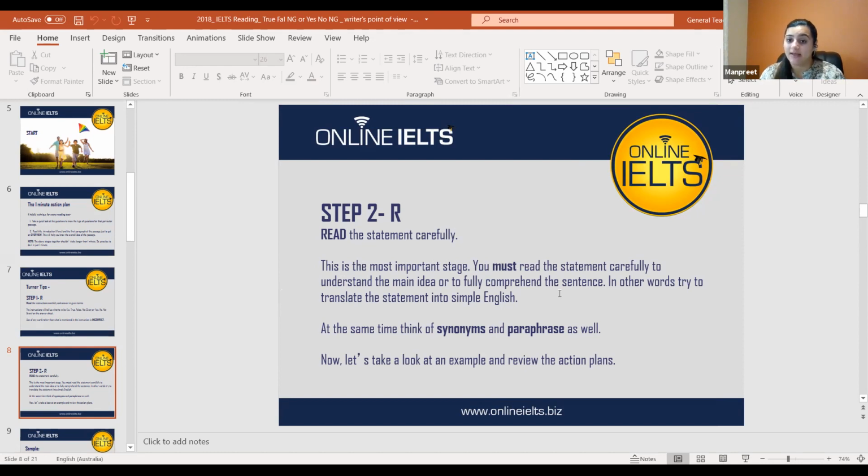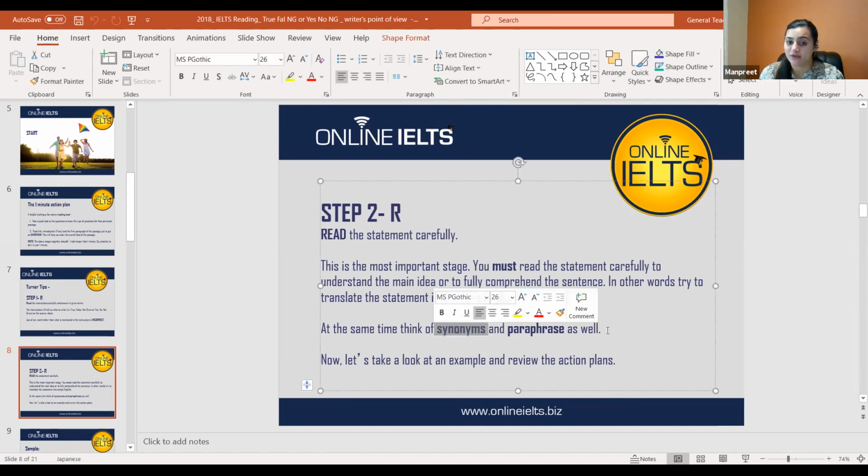While reading and understanding it, you will also have to translate, not really into your language, but into simple words, simple English. This means you will have to think of the synonyms and paraphrase the statement.